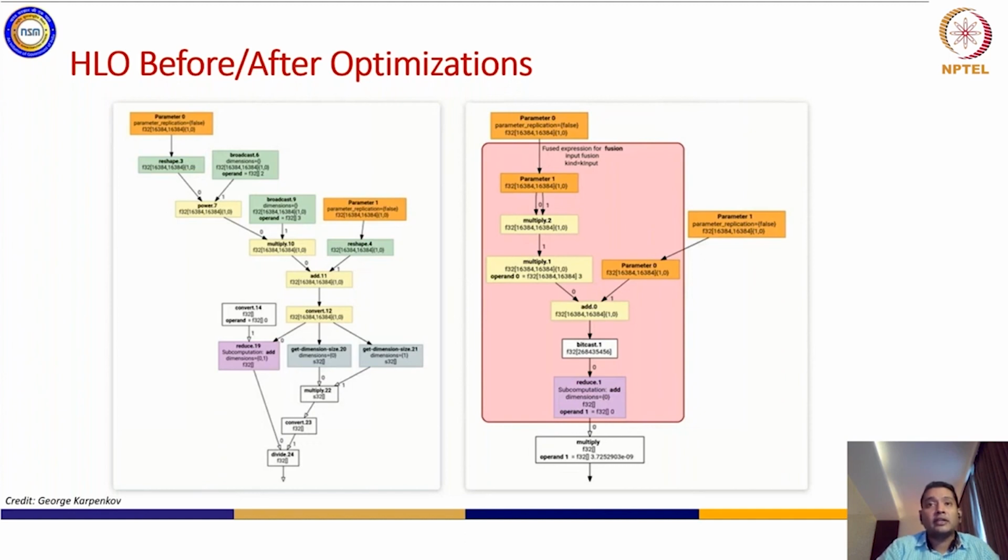Also, if you want to store the model, with fused operations you get storage efficiency in terms of storing the model itself. So for memory-constrained devices, storing the model will also be helpful using this XLA compiler.